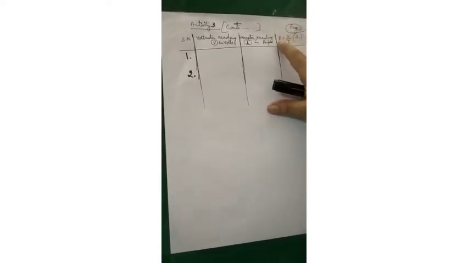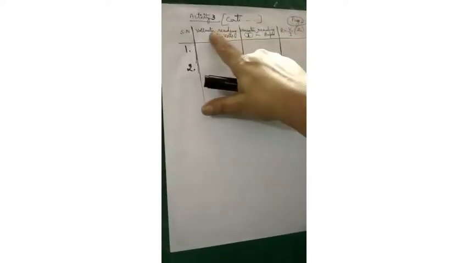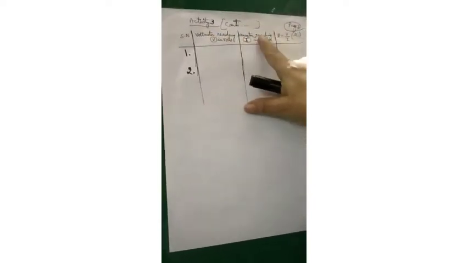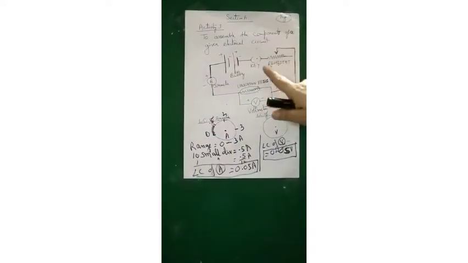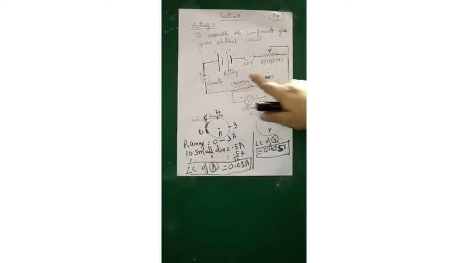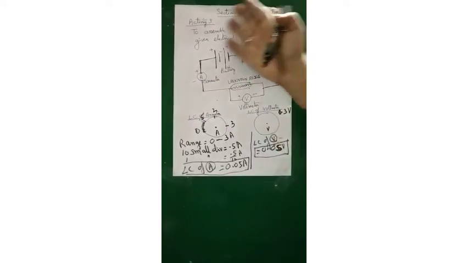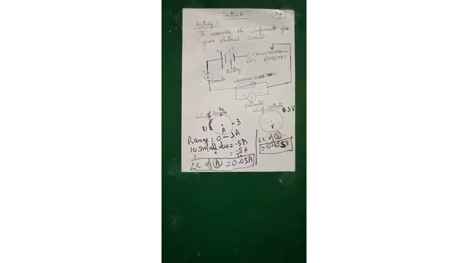That wire has a resistance V by I. We will calculate V, I, and V by I, and the unit of resistance is ohm. Though we are only asked to check the continuity, that is, whether the ammeter and voltmeter work when we put on this circuit, here we are moving one step ahead.